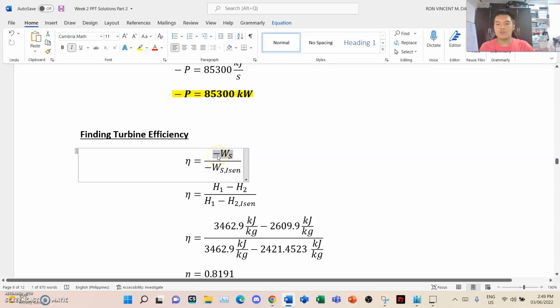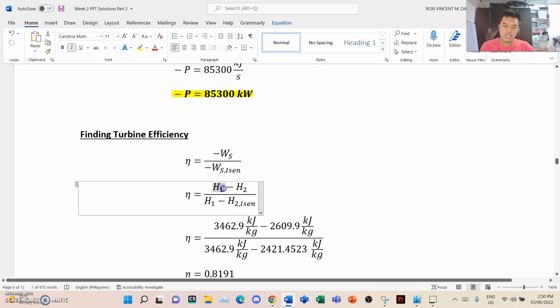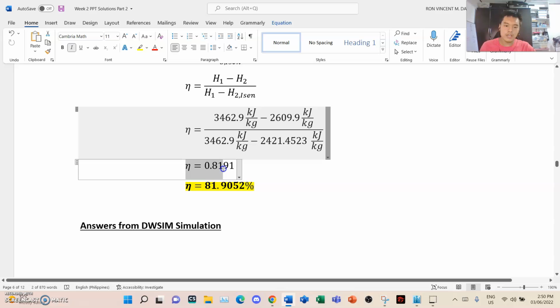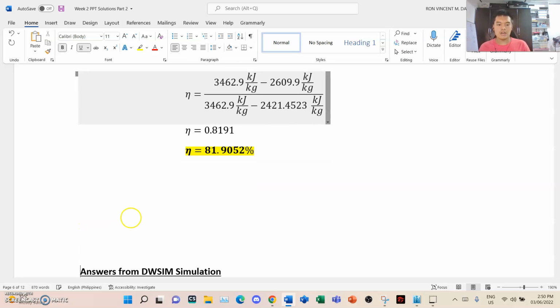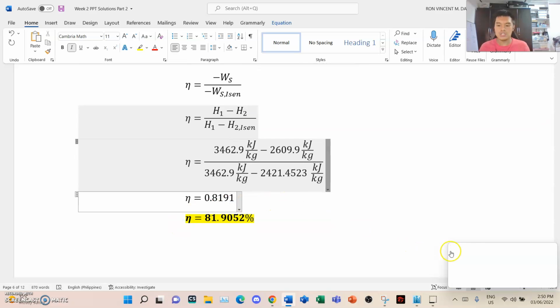Then, knowing that shaft work is simply inlet enthalpy minus outlet enthalpy, and for isentropic conditions, it's the same formula, such that the outlet enthalpy is at isentropic conditions, it is a simple substitution method, and we got an answer of 81.9052% efficiency of the turbine. So, this is our final answer using handheld calculation, and then let's solve this using simulation.